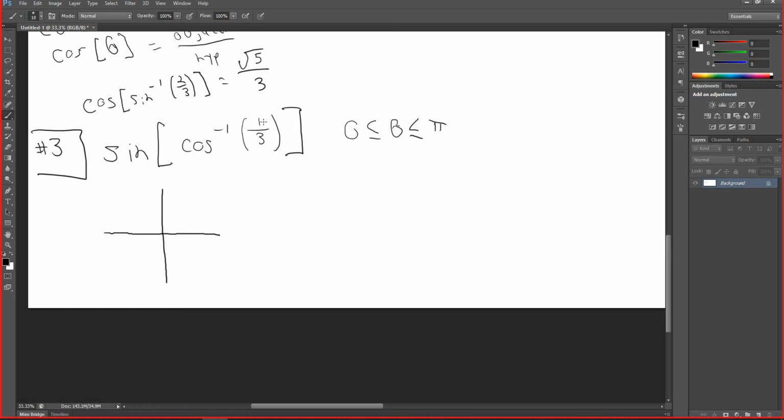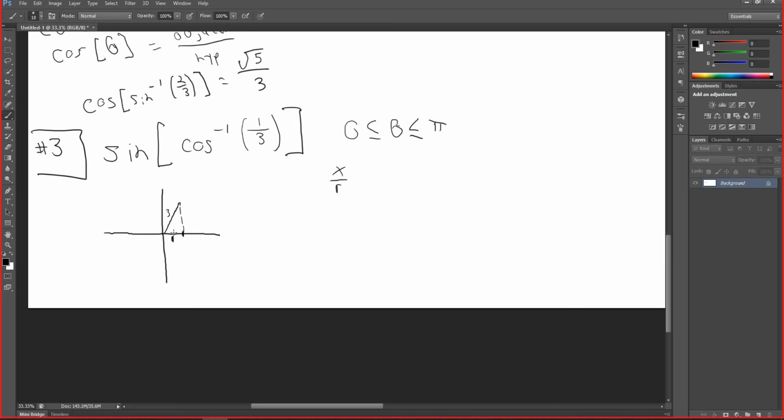My 1 is representing my x, and then over 3. Since cosine is x over r, the 1 represents my x value, the 3 represents the radius. This is 3, this is 1.